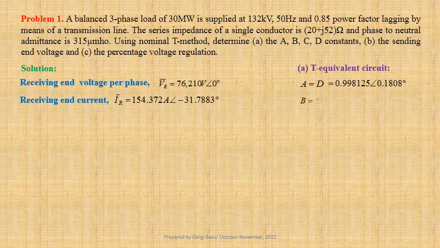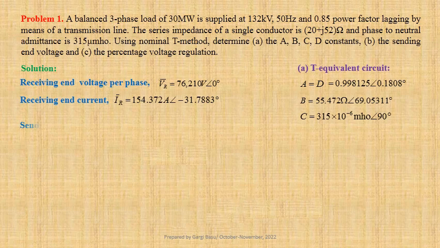B equals 55.472 ohm at an angle 69.05311 degree, and C equals 315 into 10 to the power minus 6 mho at an angle 90 degree.